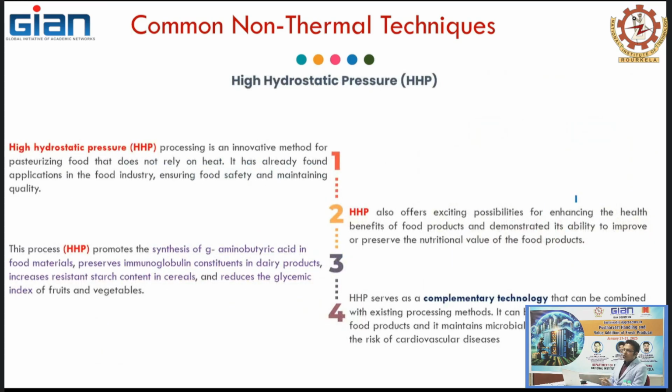Then we come to the fourth process, high pressure processing. Sometimes we have a different name, actually, high hydrostatic pressure. Okay, so now this process relies on how we apply the pressure. The pressure you can consider here is 100 to 1000 megapascal.